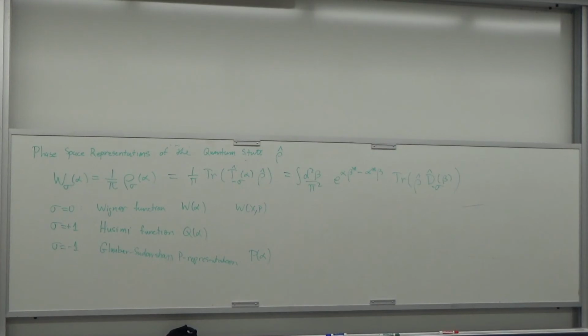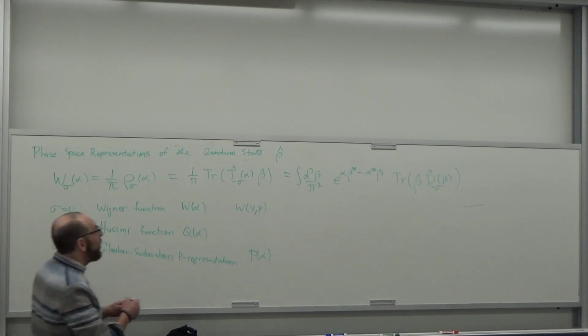In position representation, it's a plane wave. In momentum representation, it's a delta function. If I have a position eigenstate, in position representation, it's a delta function. In momentum representation, it's a plane wave. So these are, it's one and only one state.